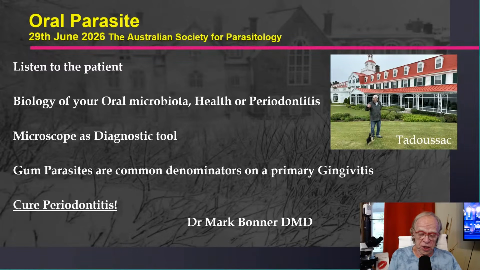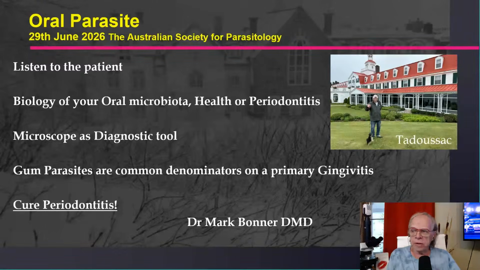So you see, gingivitis most of the time is only bacteria, white cells, things like that. And when you get parasites, you have periodontal disease. So working with this microscope, we can cure almost all periodontitis, from stage 1, 2, 3.